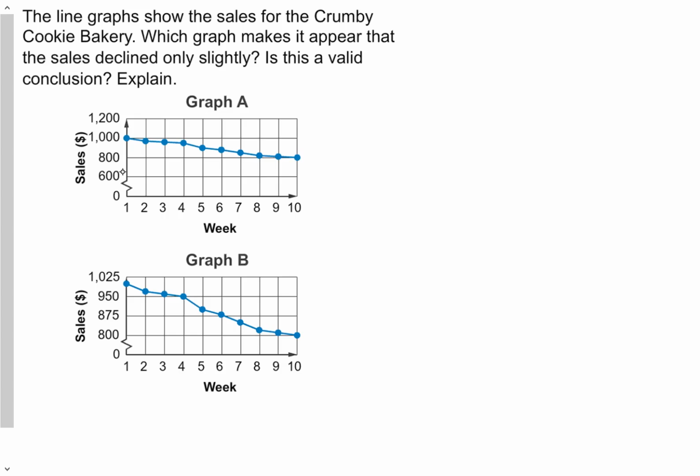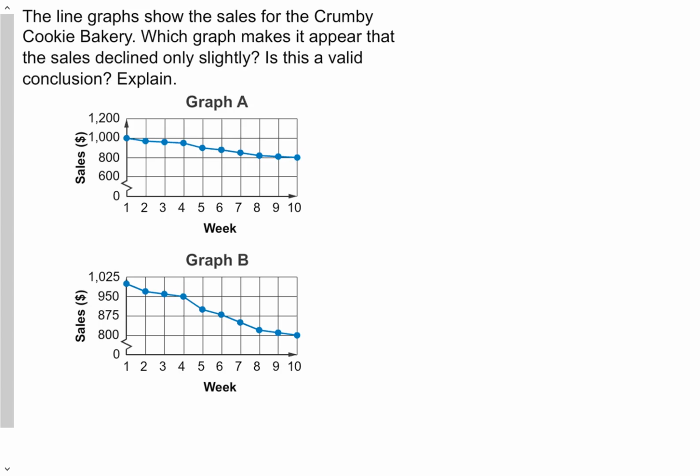I'm sorry, if you want to show a little change, you have to choose the big intervals. Here the intervals are about 200, so they would show a smaller change than this one, which goes by about 75. So if you wanted to show a slight decline, you would choose graph A.